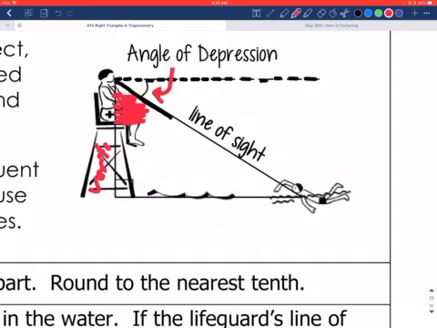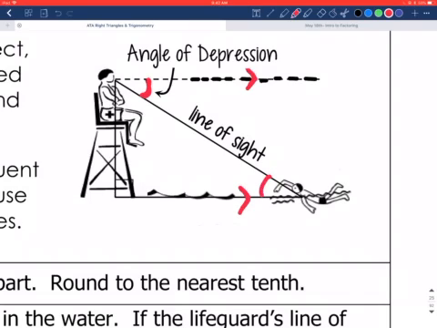This is a vertical line. That's a vertical line, and that's not the angle of depression. So, if you notice, if we have two parallel lines here, this is a parallel line with the ground, or in this case, the top of the water.